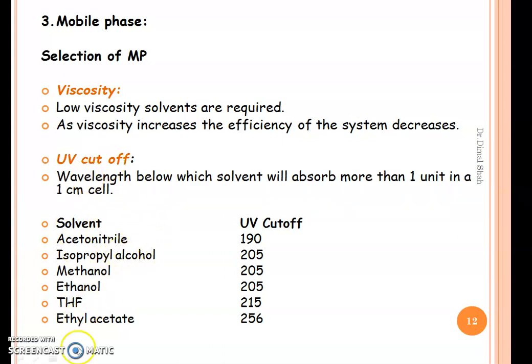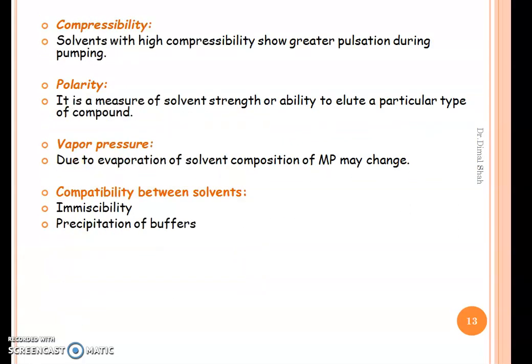For example, acetonitrile has a UV cutoff value of 190 nanometer, which means that we cannot work below 190 nanometer using acetonitrile as a solvent. In the same way, methanol has a cutoff value of 205 nanometer, which means that we cannot work below 205 nanometer using methanol as a solvent. So the wavelength at which we are working will decide which kind of solvents to take as a mobile phase.